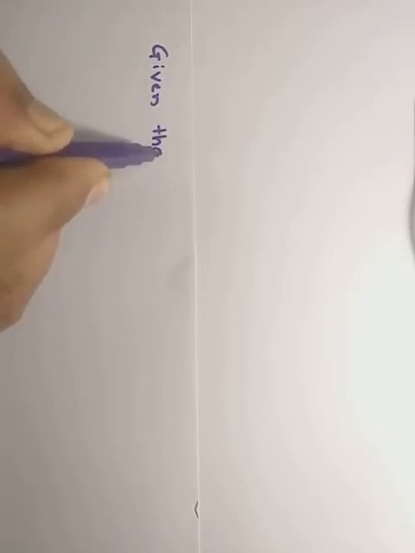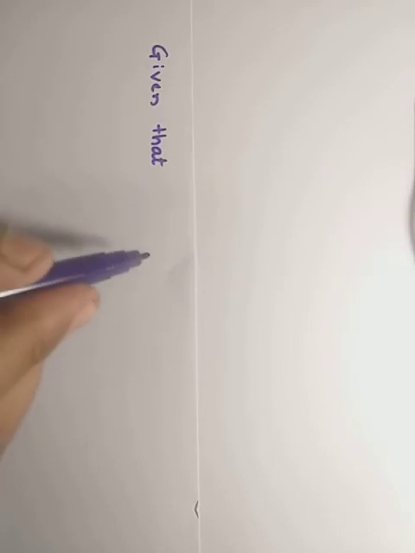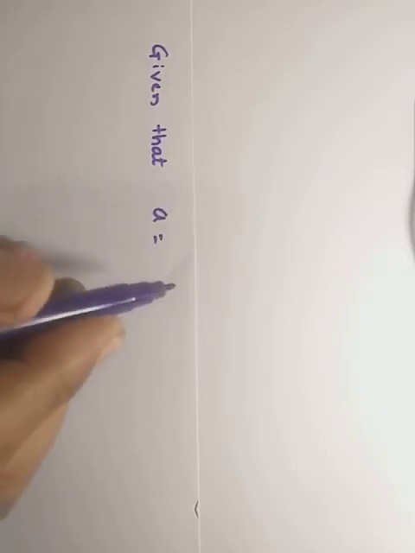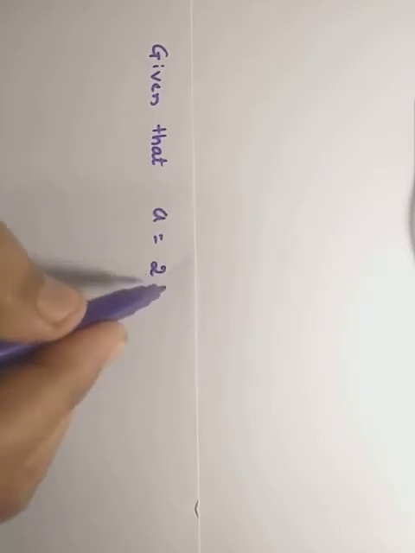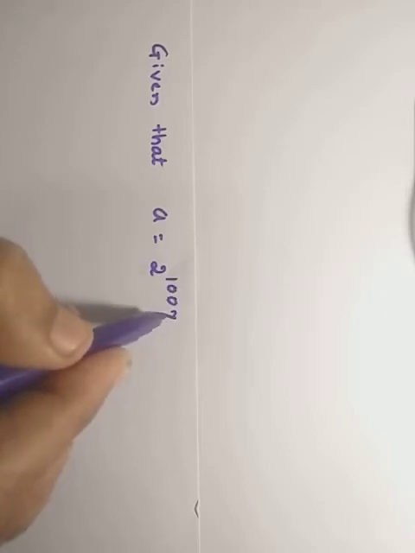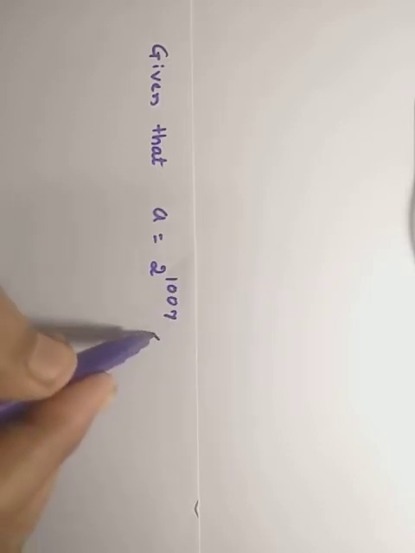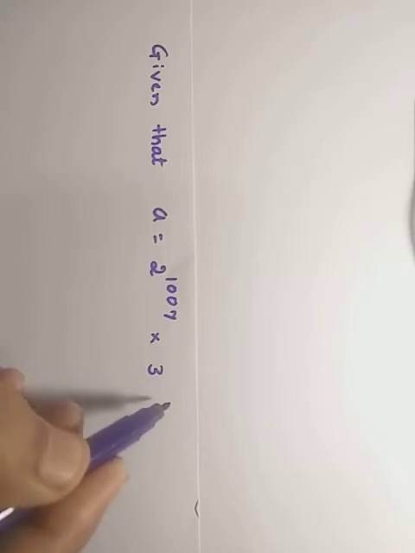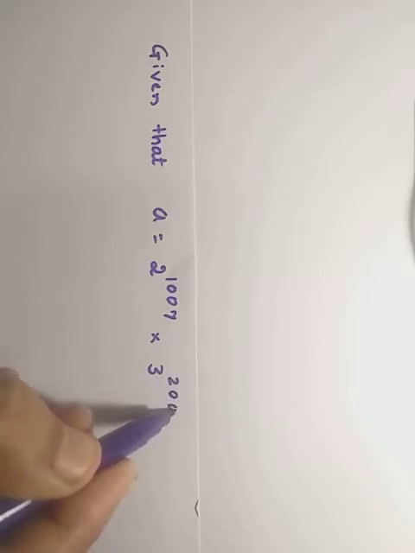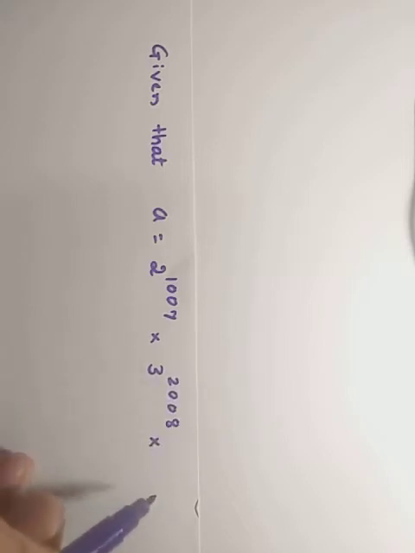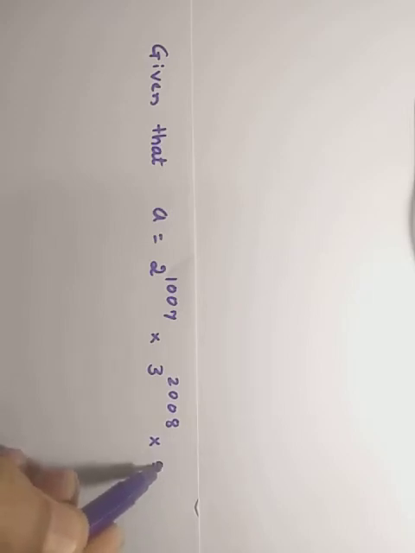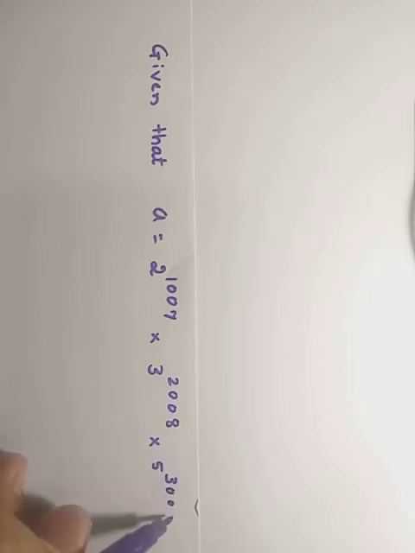A problem in mathematics is like this. Given that A is equal to 2 to the power 1007 into 3 to the power 2008 into 5 to the power 3009.